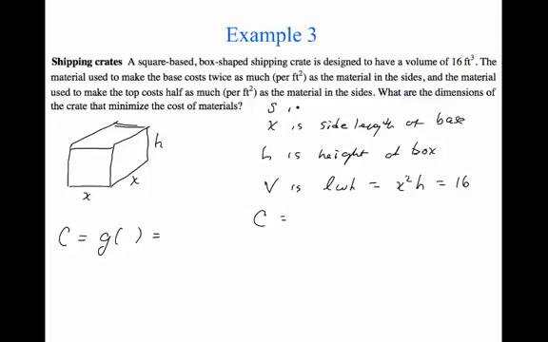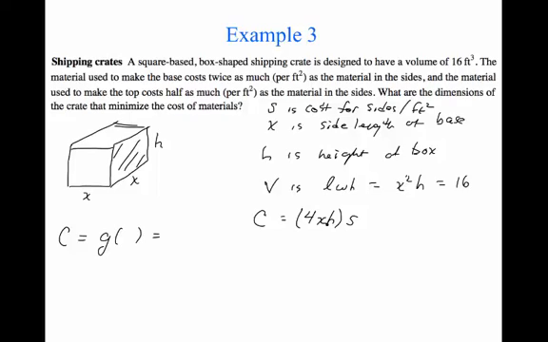Say S is the cost for the sides per square unit. So to get the total cost for the sides, it's going to be this S value times the total area of the sides, right? Because S is the cost per unit of area. So what's the total amount for the sides? Each side is going to be X times H, and how many sides do we have? So that's the area of all four sides times the cost per unit, which gives you the cost of the sides. 4XHS is going to be the cost of all four sides.